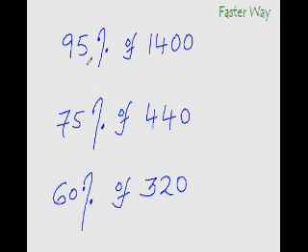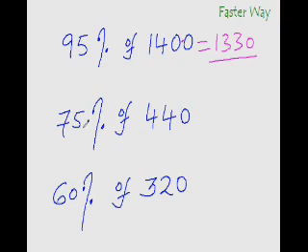Now, you find out the percentages of these numbers. So, 95% of 1400. 95% is nothing but 100% minus 5%, and 100% of 1400 would be 1400, the number itself. 10% is 140, so 5% is half of that, that is 70. So 1400 minus 70 is 1330. That's your first answer.